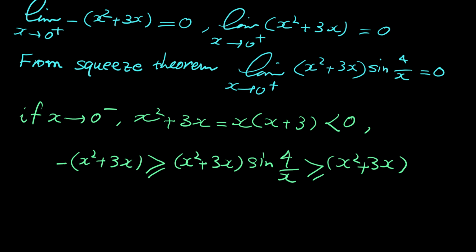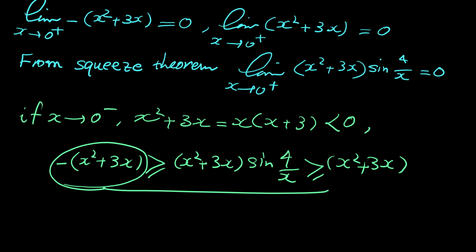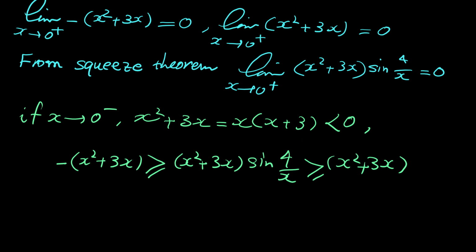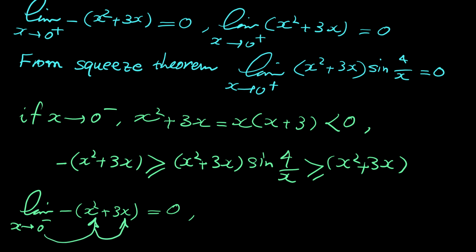Again, we have to find the limit of the left function and the limit of the right function. If the limit of these two is the same, the limit of the middle function is also that number. The limit of -(x^2 + 3x) when x approaches 0 from the left is 0. You can find this by direct substitution. Plug in 0 and it is 0. What about the other limit?